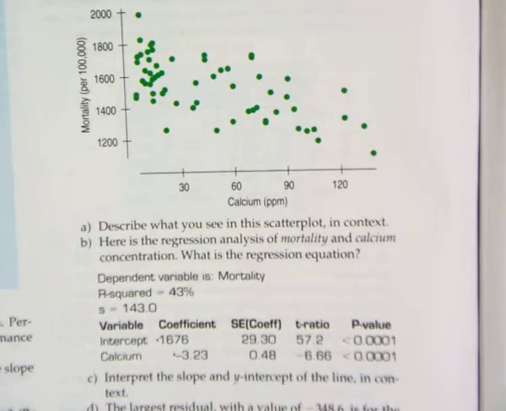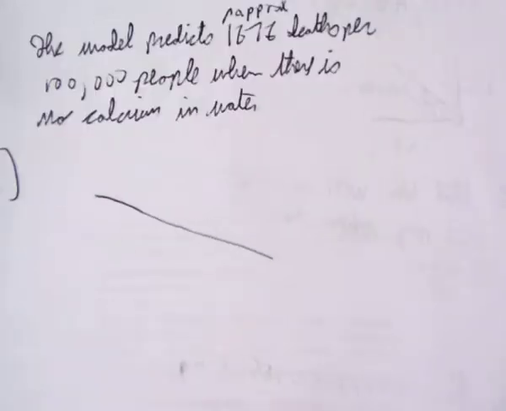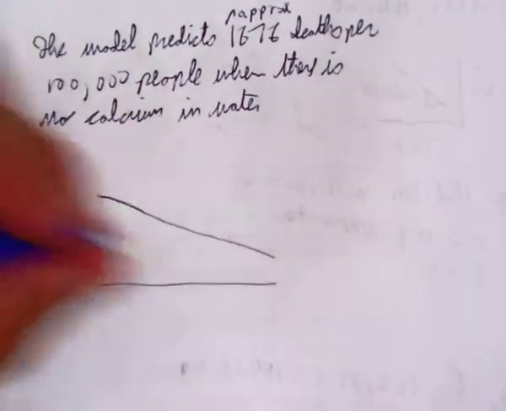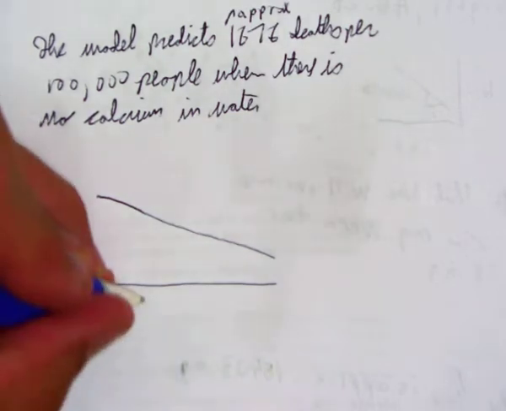The largest residual, negative 349, is for the town of Exeter. Explain what that means. Well, we have a trend that's going here, right? And we have deaths per 100,000 and calcium.